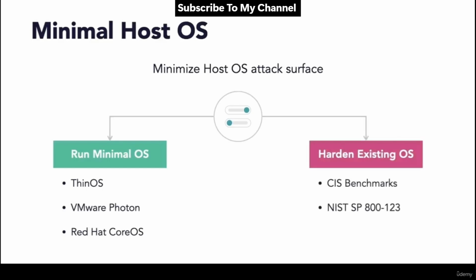Your second option is to keep using a traditional operating system as mandated by your organization, but apply special hardening techniques to reduce the attack surface. You have a few resources to rely on: the CIS benchmarks and the NIST guide to server security.